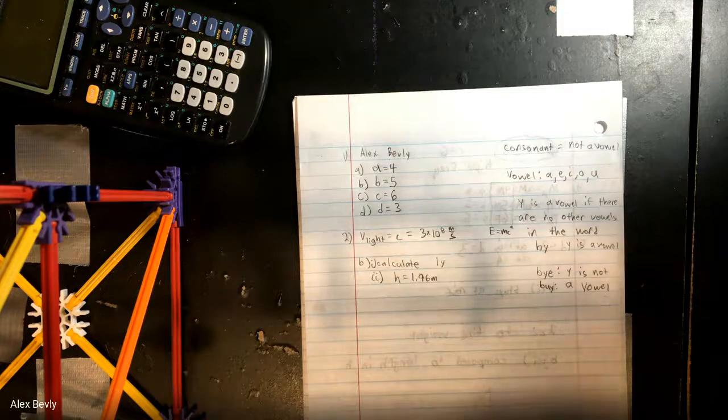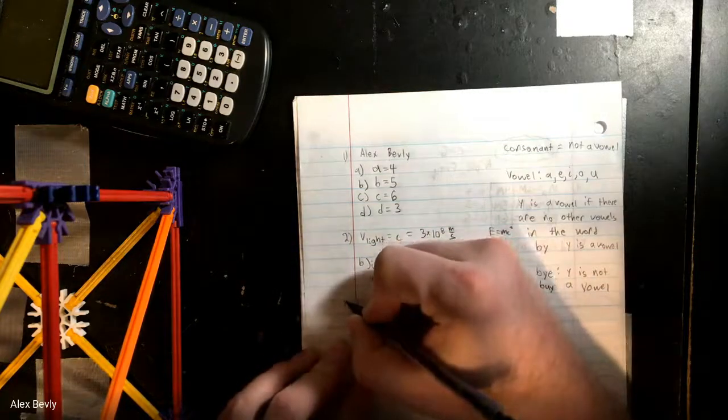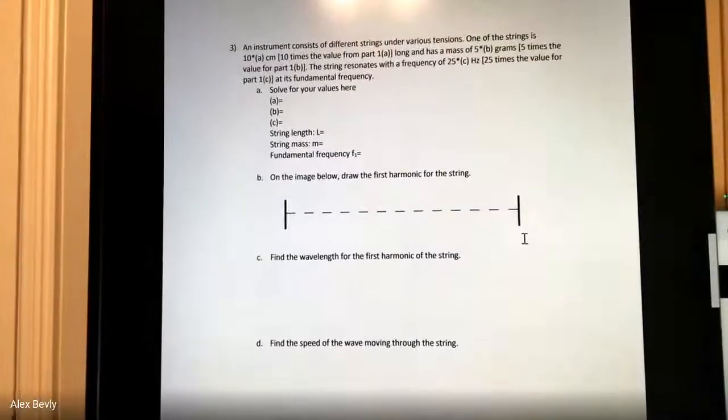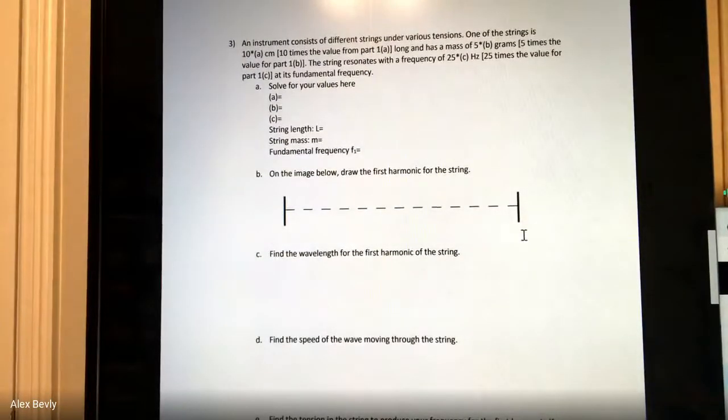All right, so 2 isn't so randomized, but let's get to 3. 3 is a little bit more going on here. So 3, we have an instrument that consists of different strings under various tensions. One of the strings is 10 times A centimeters long, has a mass of 5 times B grams, and the string resonates with a frequency of 25 times C hertz.